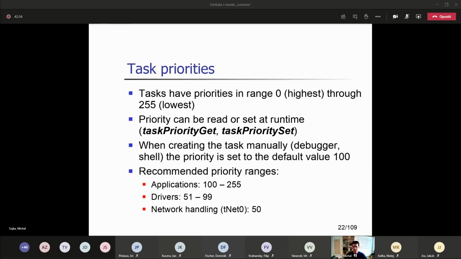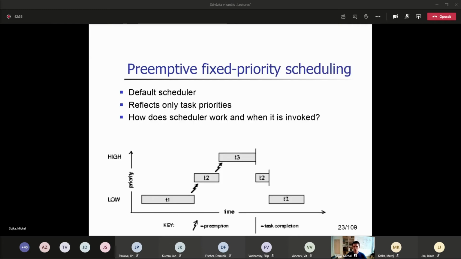In VxWorks, it's not like this, because VxWorks wants to have a deterministic scheduler. A deterministic scheduler means that we want to know ahead of time how and what will be scheduled.